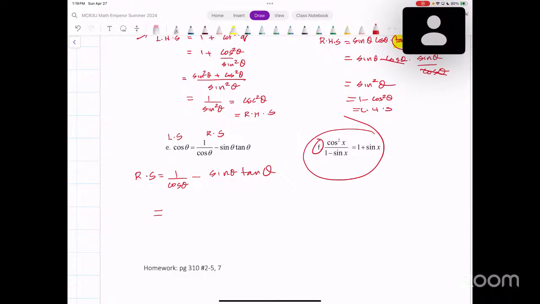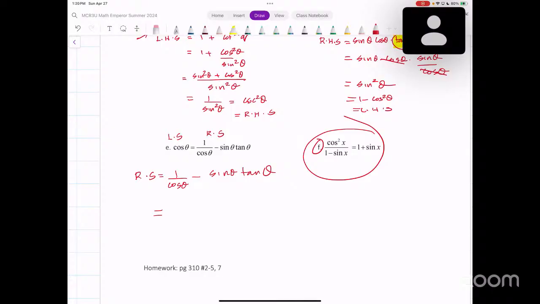We're going to stick with the rule. We're going to convert all the tan back to sine over cos. After that, you're going a long way. So sine times sine is what? Yes. And then you can see there's a common denominator for both terms, isn't it?